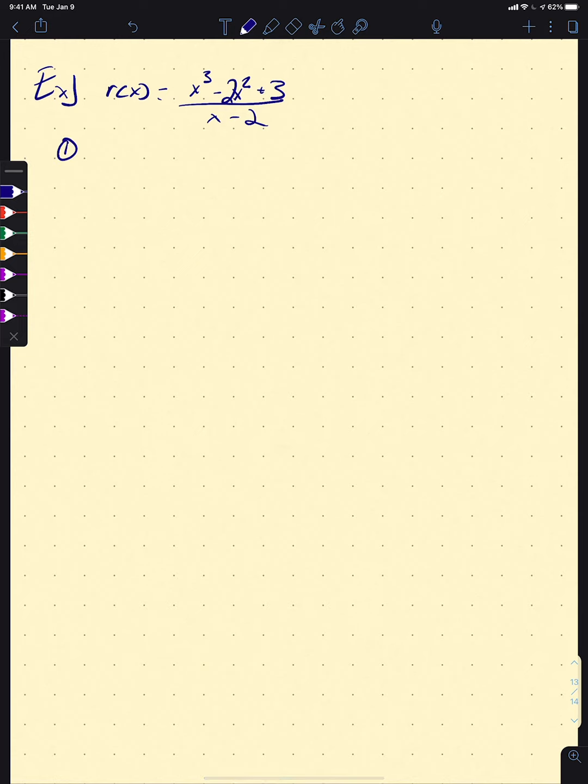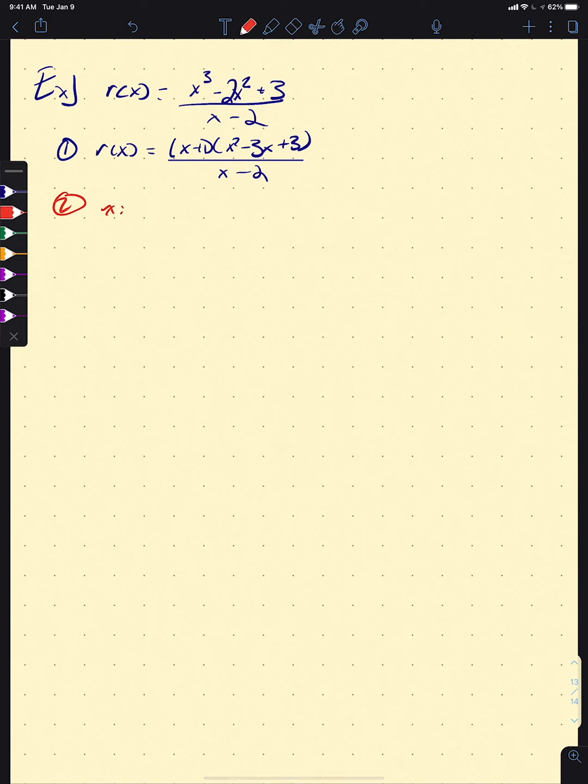Using our tools from last week, you could find that this top factors to x plus 1 times x squared minus 3x plus 3, over x minus 2. Okay, this is one of our irreducible quadratics, so it's not going to give us any zeros and it's not going to factor any further.